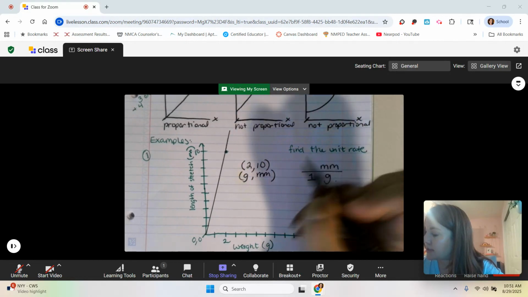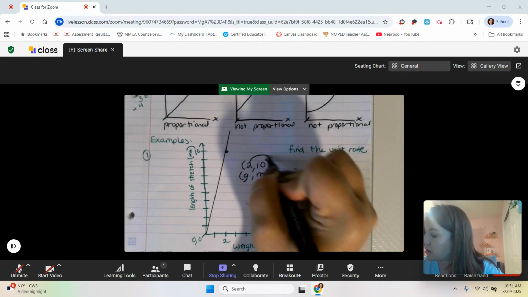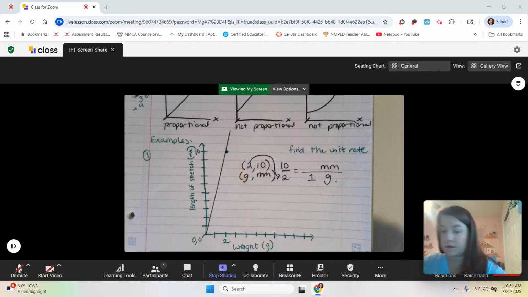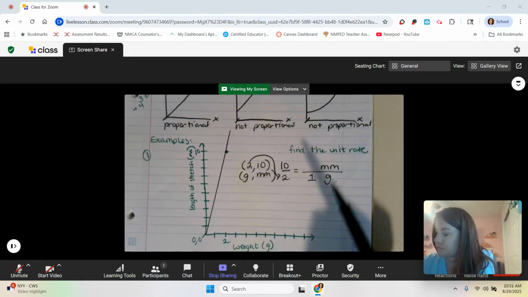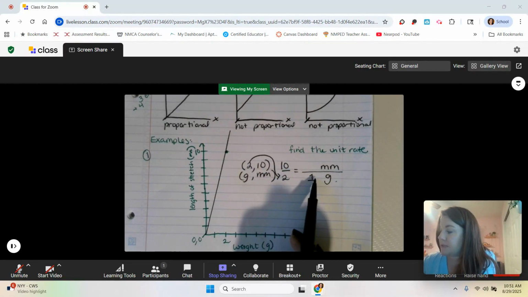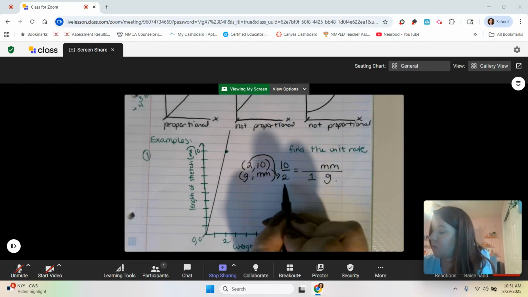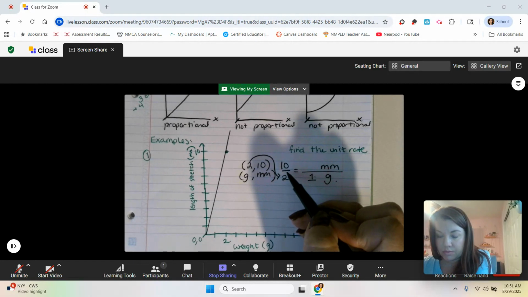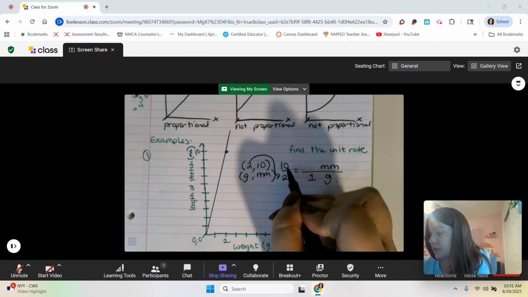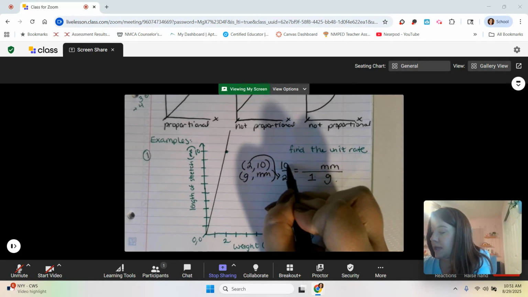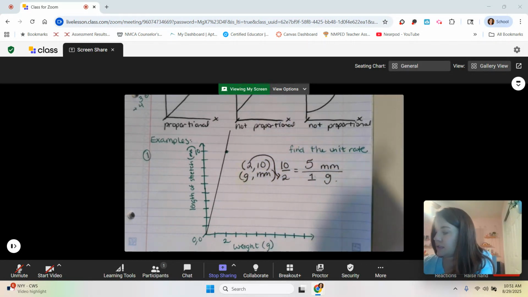Well, right now this is millimeters and grams, right? So I could say, okay, I'm going to bring my 2 down here and my 10 up here, and now I've created a proportional relationship, saying I've got grams to grams, millimeters to millimeters. Well, if I want this to be a 1, I can divide 10 by 2, or divide both by 2 really, but dividing 10 by 2 will give me a 1 in my denominator, and 10 divided by 2 is 5.